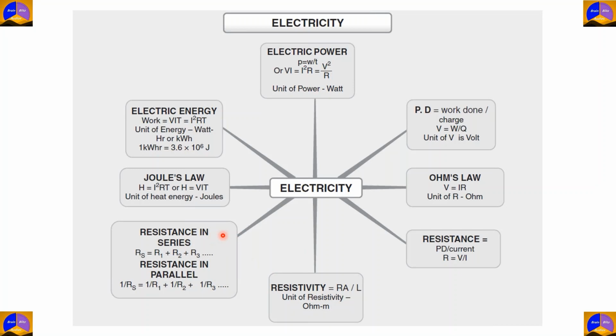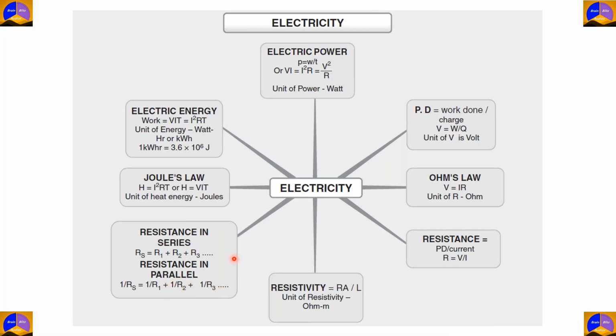Now, for a resistance in series, the formula of total resistance is the sum of the individual resistances. For a resistance in parallel, the formula for the total reciprocal of resistance is equal to the sum of the reciprocals of the individual resistances. 1 by Rp is equal to 1 by R1 plus 1 by R2 plus 1 by R3 plus etc.